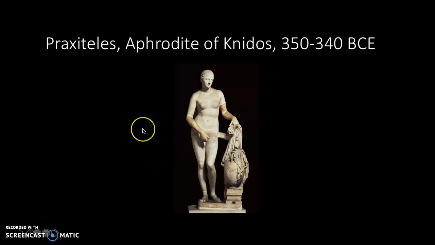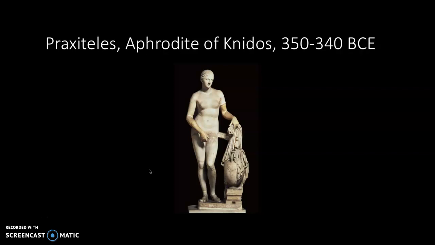Praxiteles also gives us very soft facial features, the soft curves of the body. And he depicts Aphrodite in a very human moment. She's getting out of the bath, and I don't think many women feel their most put together as they're getting in and out of a swimming pool, for example.